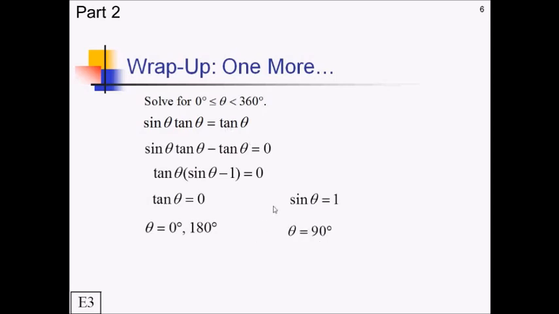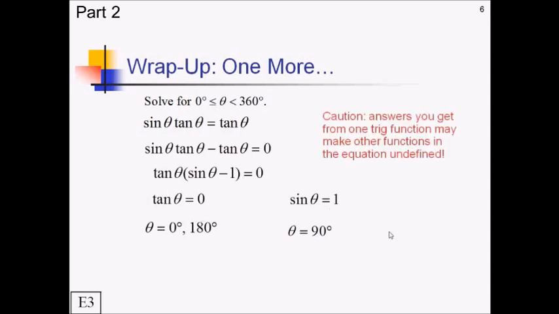Here's a little trickiness on this question that we haven't really encountered up to this point. When you have two different trig functions and you're getting different answers from different trig functions, you have to be very careful, because answers you get from one trig function may make other functions in your equation undefined. So remember, there's 4 trig functions that are actually technically fractions with sine and cosine in them.